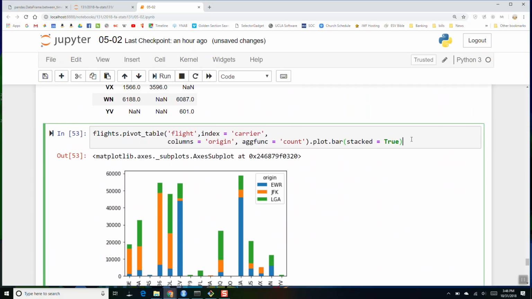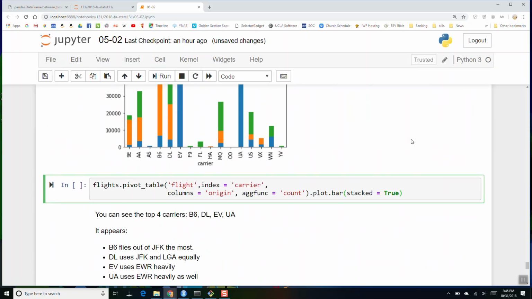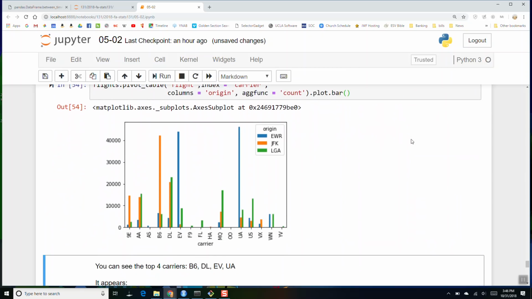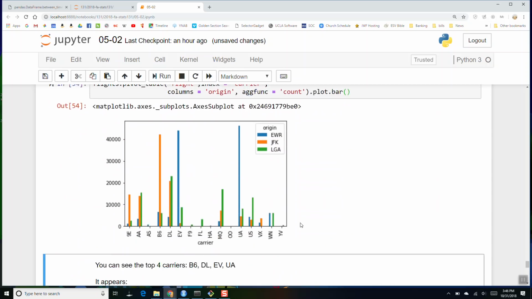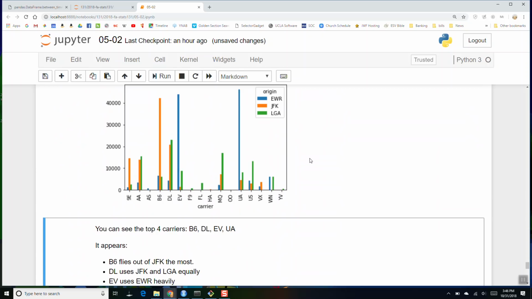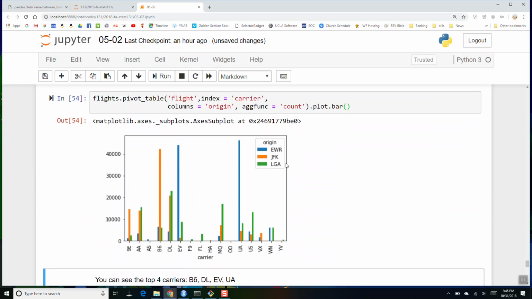If I didn't say stacked is true, then it doesn't stack them, and it does side-by-side bar plots. Okay, and you get these tiny little skinny things, but it also lets you see overall which ones use the most.